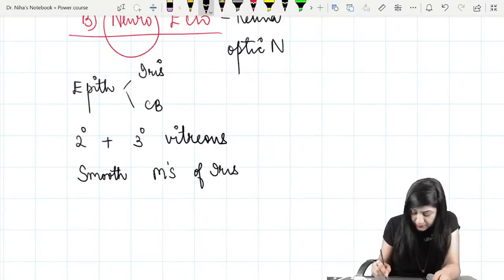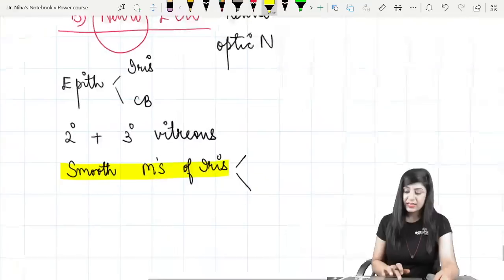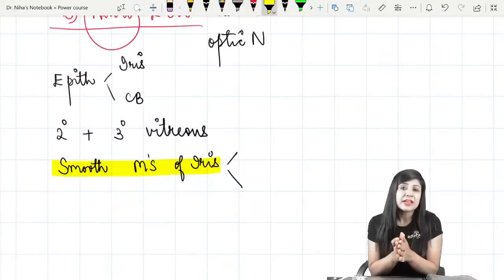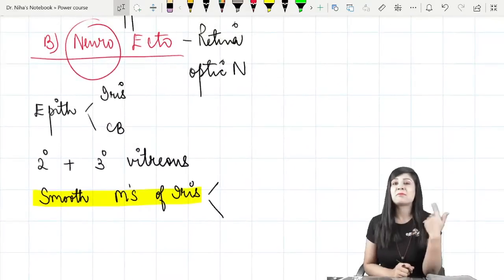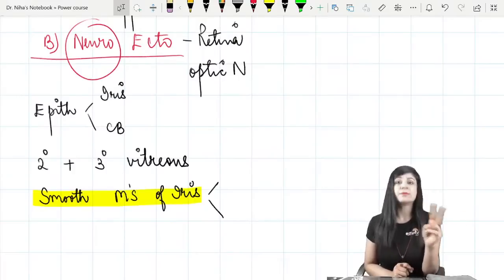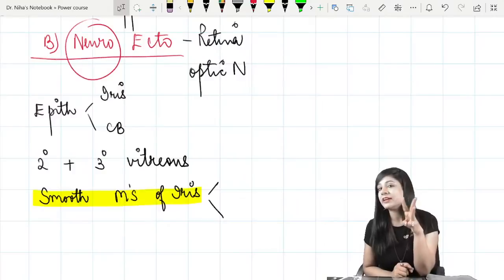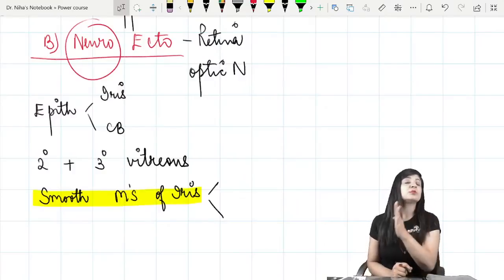Now who will tell me the names of the smooth muscles of the iris, along with their action? Neuro, you can remember neuro as nervous coat. Then the epithelium, which is remaining. Secondary and tertiary vitreous we have already done in the neuroectoderm. And now coming to the smooth muscles of the iris.